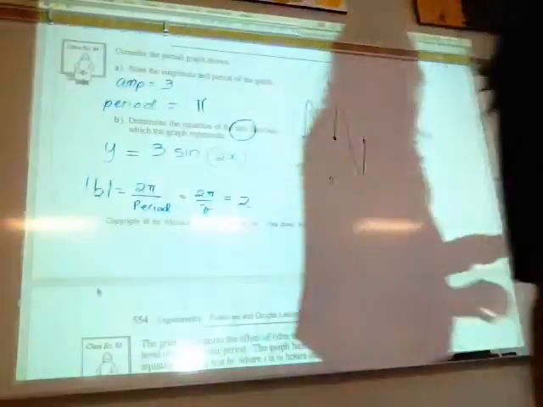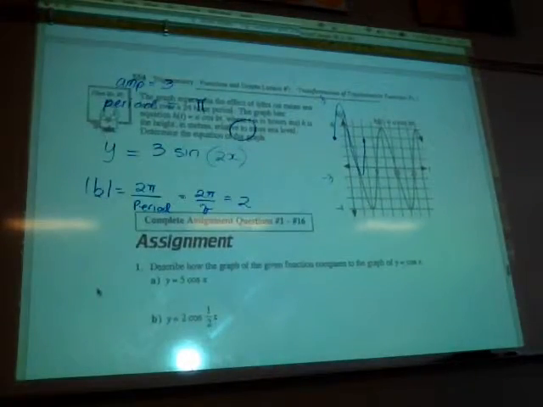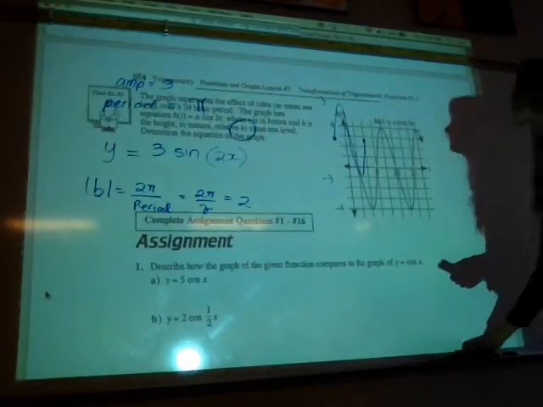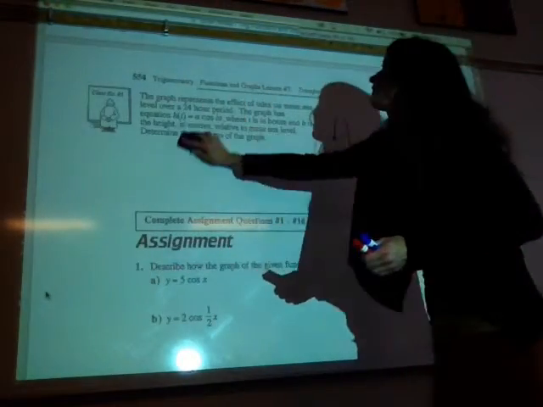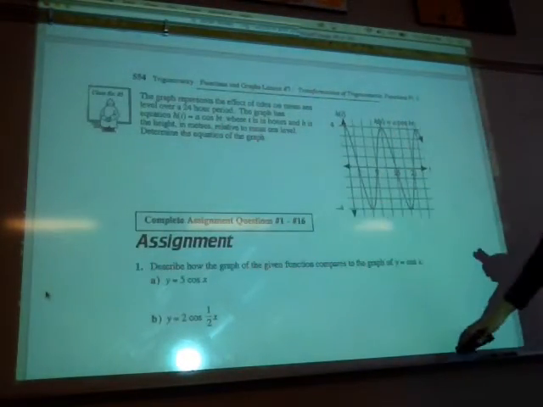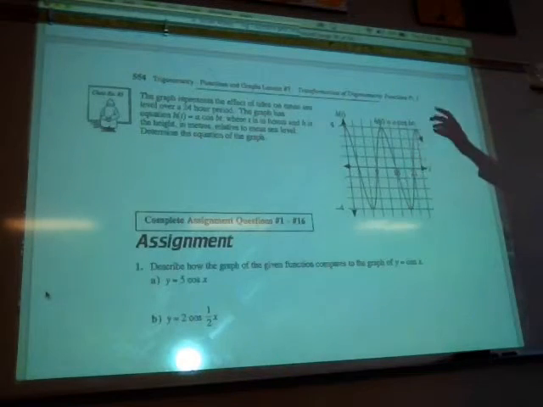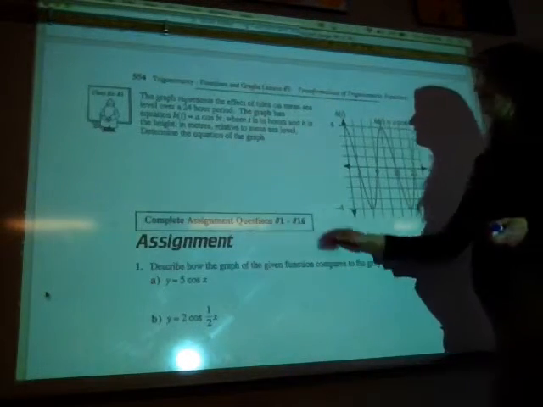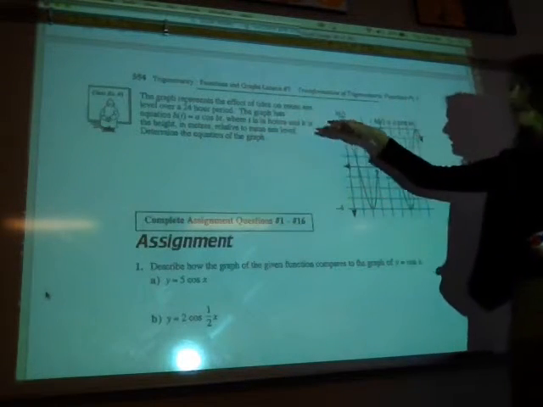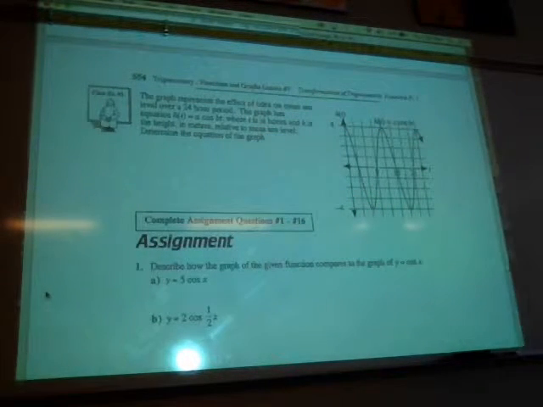Good, now a little application. We're given a graph that represents basically a wave. The graph represents the effect of tides on mean sea level over a 24-hour period.